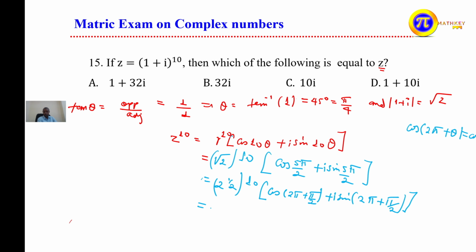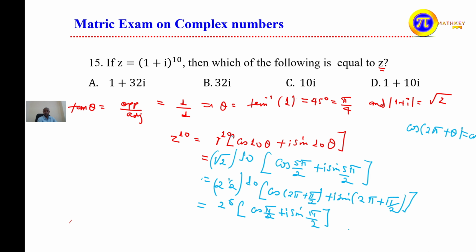This is equal to 2 to the power of 1 over 2 to the power of 10, which is 2 to the power of 5, into cos of 2 pi plus pi over 2, that is cos of pi over 2. The same for the case of sine theta: i sine pi over 2. When you come to here, cos pi over 2 is 0.